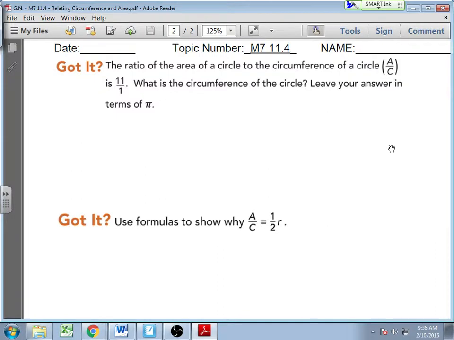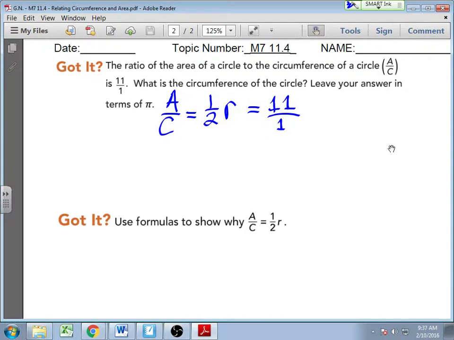So, our ratio of area to circumference is given to us as 11. What does that tell me about the circle? Oriana? Its circumference is 22 pi. Well, you've got to be really careful with how much you try to do at once. Area divided by circumference is always half the radius, which in this case is 11.